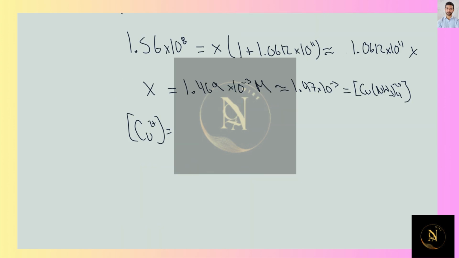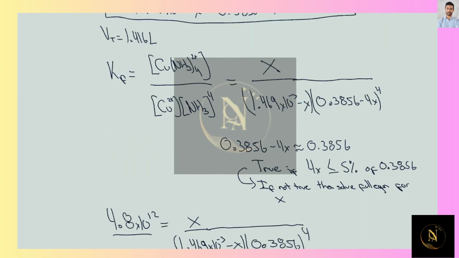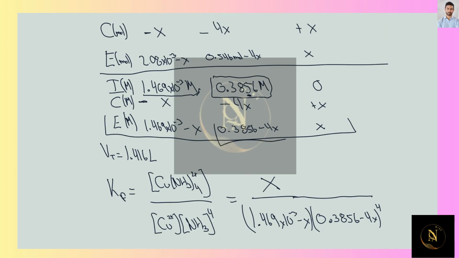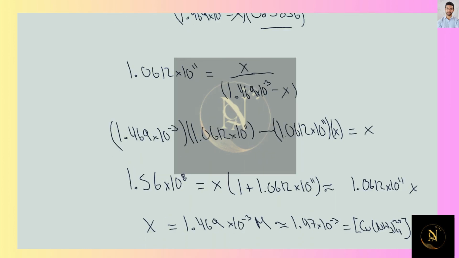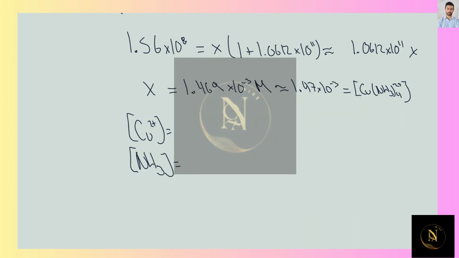Since we made a lot of approximations along the way, what we can do is employ the concentration of NH3 that we're going to get. Recall that the concentration of NH3 was 0.3856 minus 4x, right? So 0.3856 molar minus 4 times 1.47 times 10 to the minus 3. Let's do the full result just for the sake of precision, and then we're going to round things up.